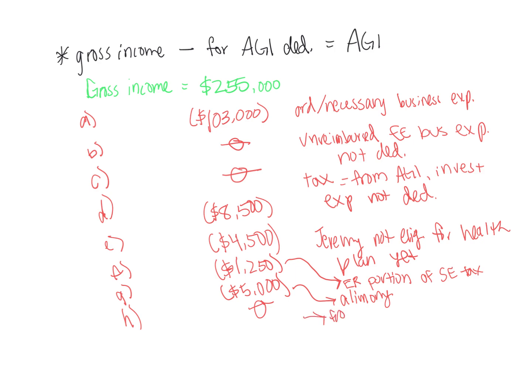So then, if we start at our gross income and subtract all of the numbers that we have here, our AGI should equal $132,750.